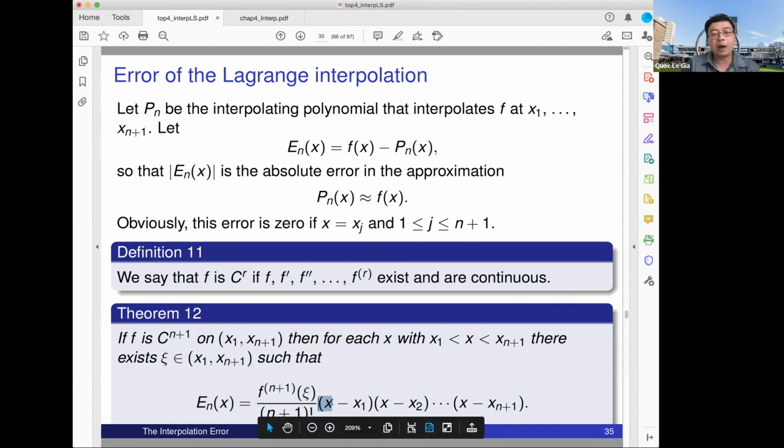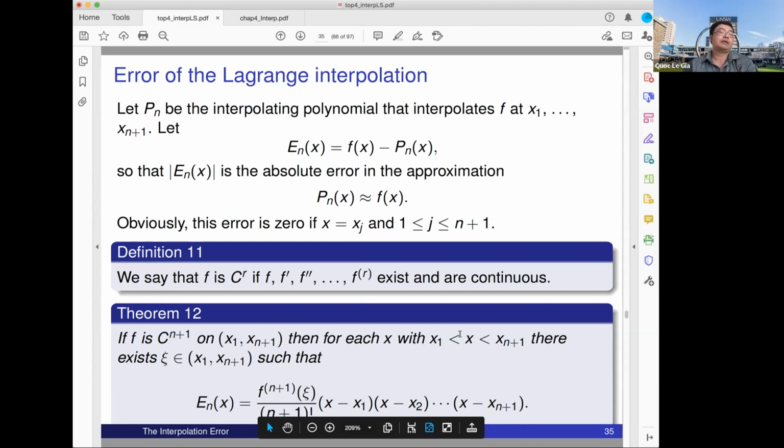Secondly, you have a product (x minus x1) up to (x minus xn plus 1). If you put in x equal x1 or x equal x2, then the error is equal to 0. So right at the interpolation points, the error just equals 0, but outside the interpolation points, it takes a form like this. That is the theorem.